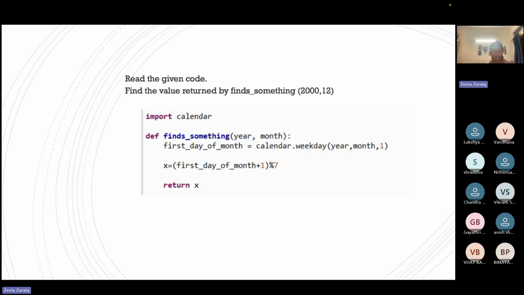Okay, Vandana says one. Others? Someone has said zero.